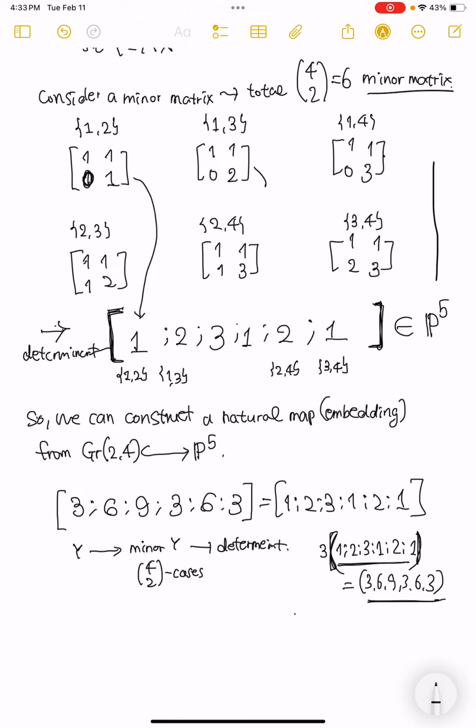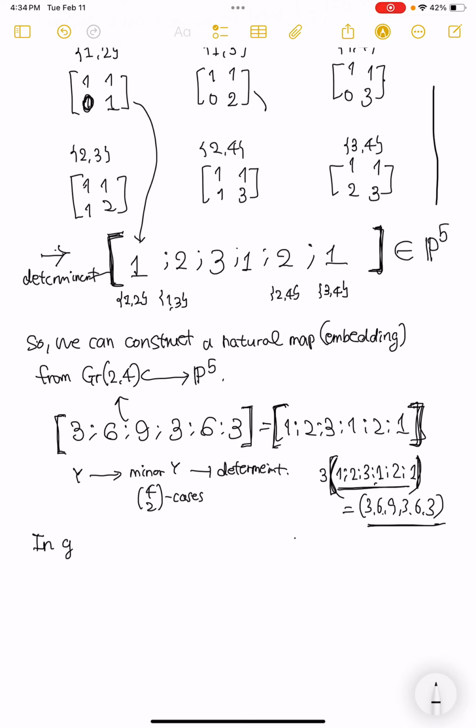That is the definition of the projective plane. Two points lying on the same line are the same point in the projective world. Anyway, its equivalence class lives in the Grassmannian, so we can construct a natural embedding from the Grassmannian to the projective space P5.